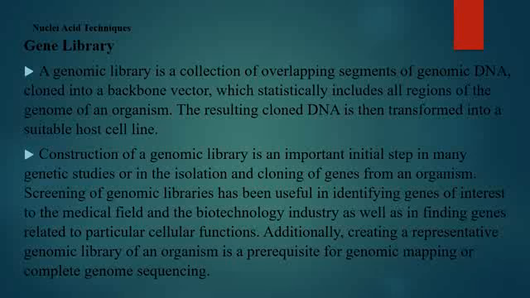If we take the Human Genome Project, we are trying to get all the genomic arrangements of the human being. The resulting cloned DNA is then transferred into a suitable host cell line. So we are trying to build the genome of an organism.